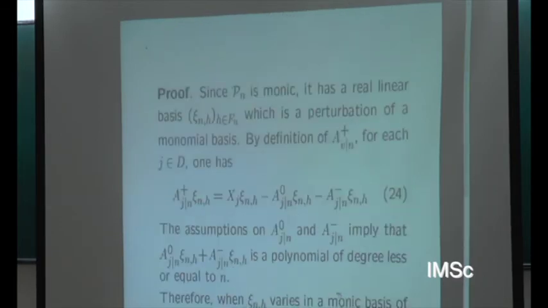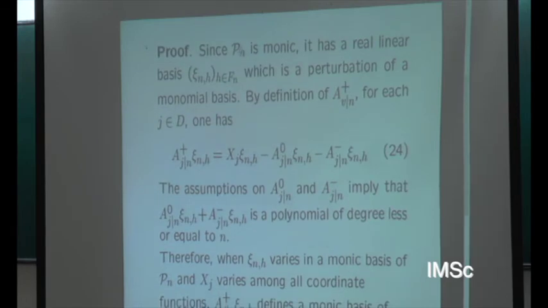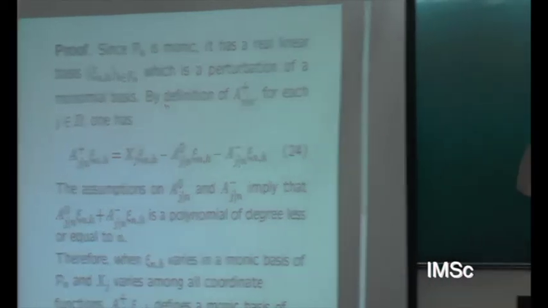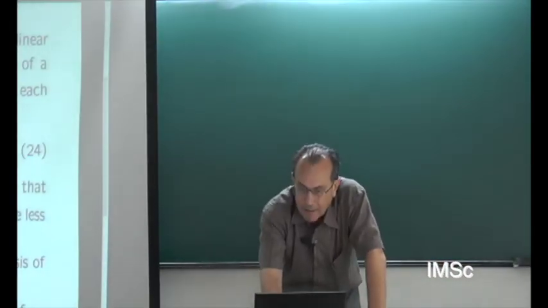Why is it monic? It is monic for the following reason. By definition, Pn is a monic subspace. So there is a real linear basis which is a perturbation of the monomial basis. Now you remember what a perturbation of the monomial basis is. I said many times, I don't repeat. There is only one highest level, and then you perturb by a lower order polynomial, a single monomial.